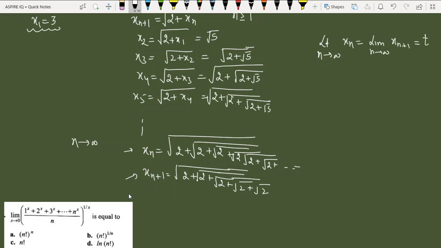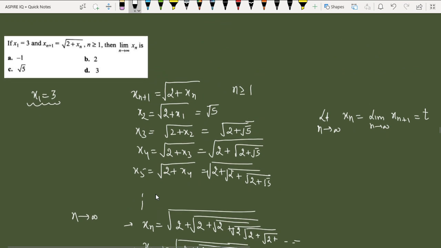Now apply the limit on the given expression, x(n+1) equals root of 2 plus xn. Apply limit on both sides: limit n tends to infinity of x(n+1) equals root of 2 plus limit n tends to infinity of xn.